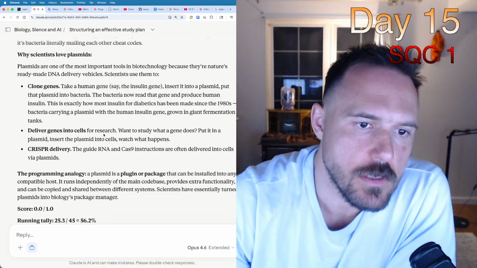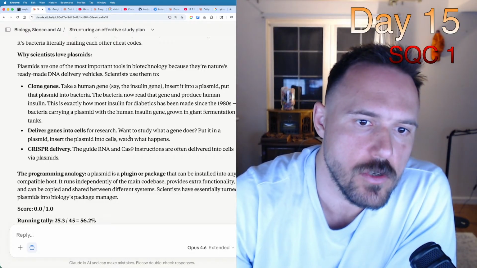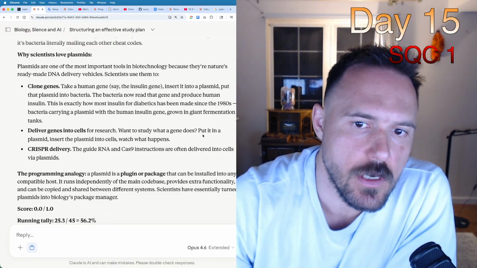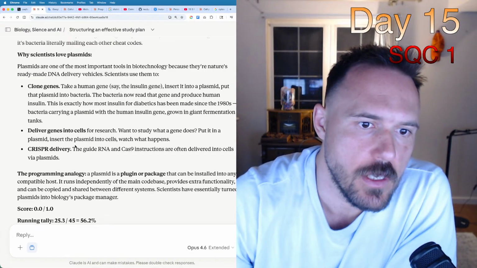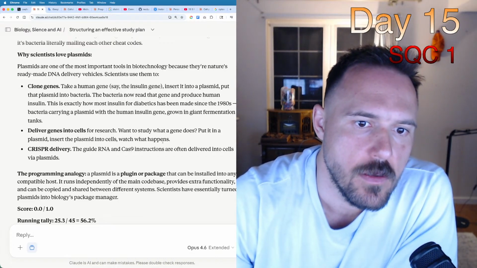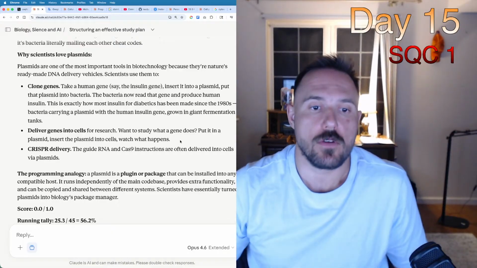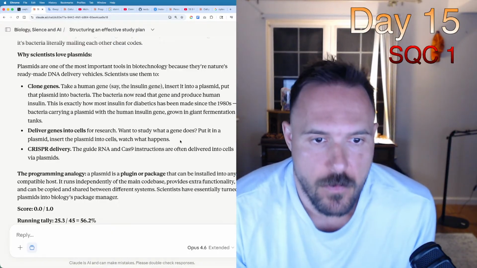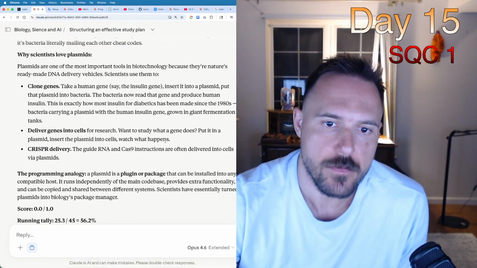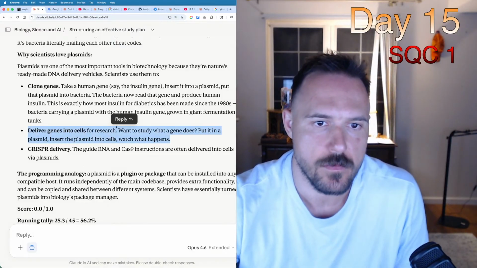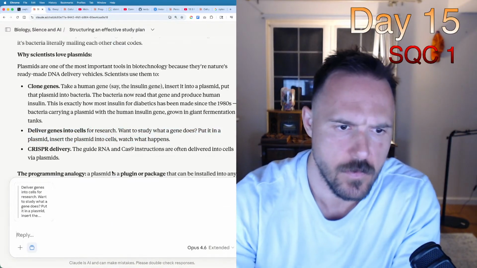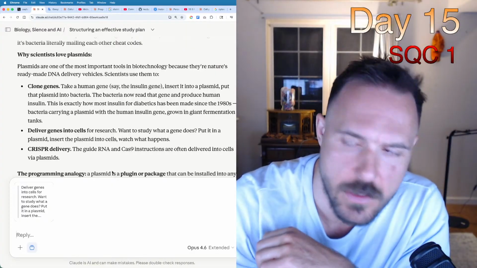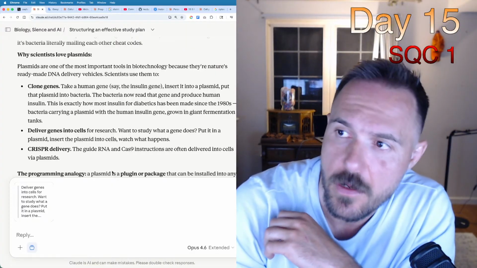Deliver genes into cells for research. Want to study what a gene does? Put it into plasmid, insert plasmid into cell, watch what happens. But can you insert it into a human cell? Or only bacteria?